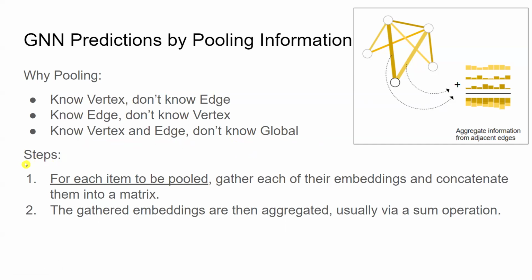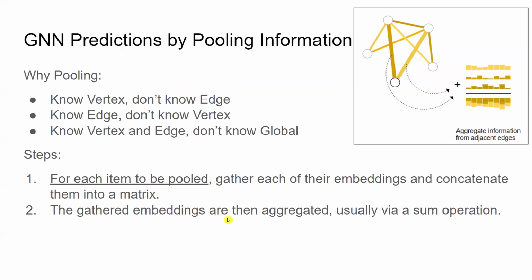But anyway, the list of steps is: first, for each item to be pooled, say you want to pool this item and this item, you gather each of their embeddings and concatenate them into a matrix. Let's say you're interested in pooling this node, this vertex. You take the neighboring edges, the information from the two edges over here, and then you add them up.